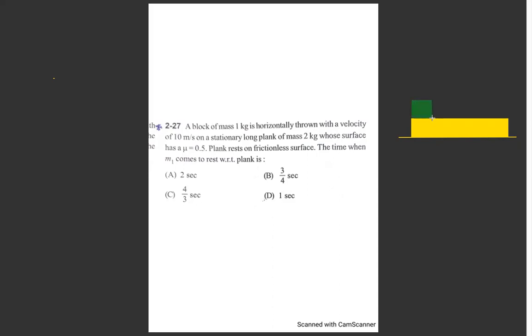Draw the situation. This one is a block which is horizontally projected on it, with a velocity of v. Its mass is given as 1 kg.